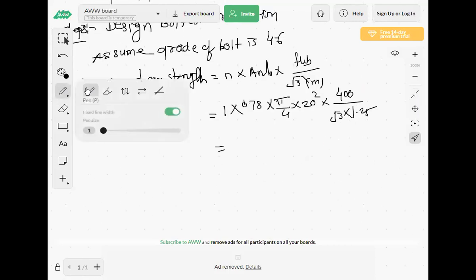So how much is the shear strength of bolt?